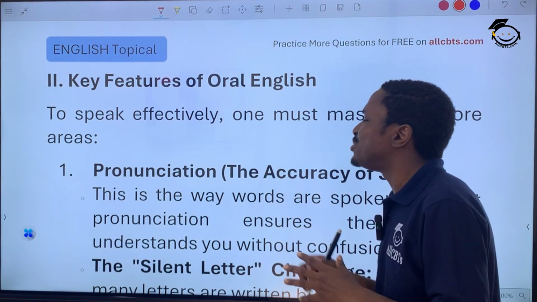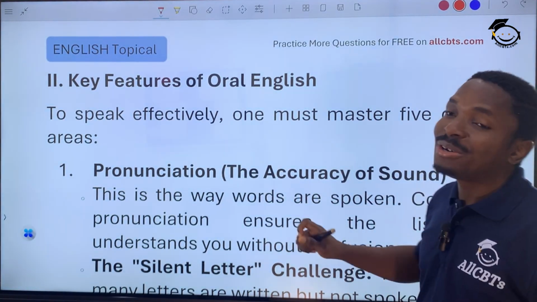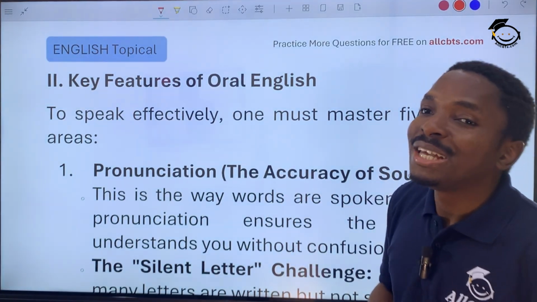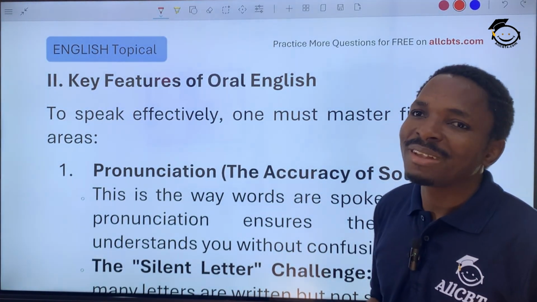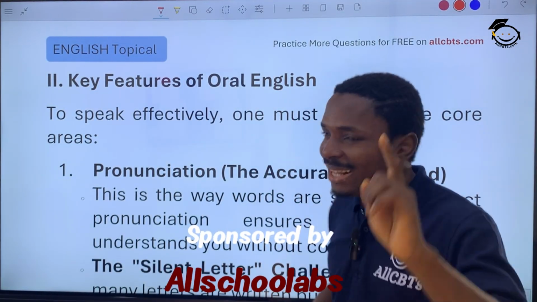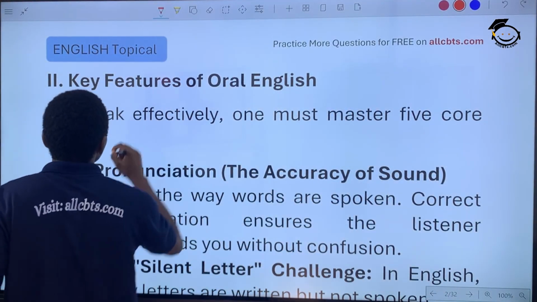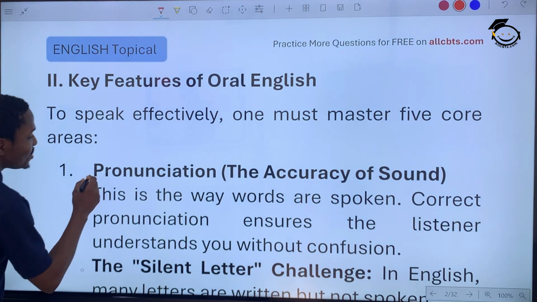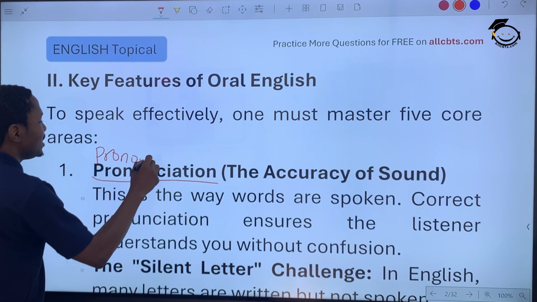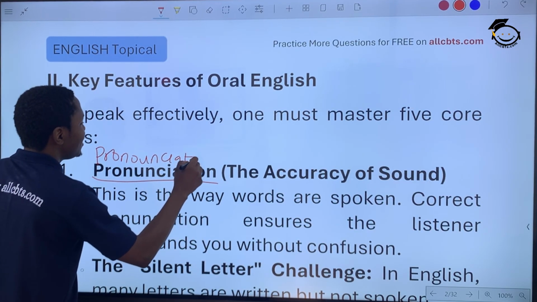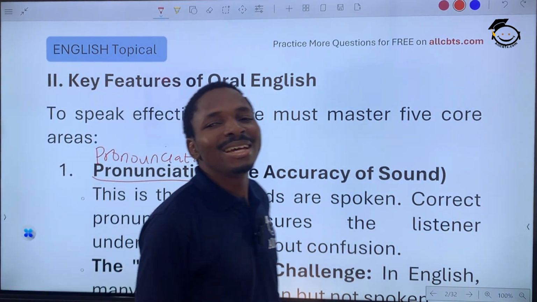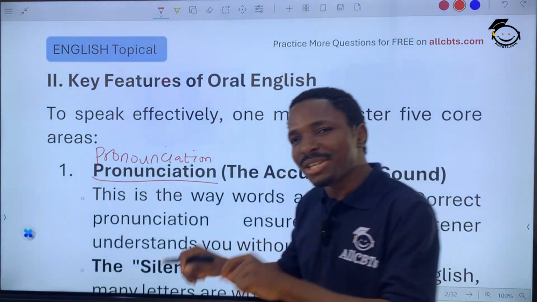Now, what are the key features of oral English? The first and most important feature is pronunciation. Notice I didn't say it the way you usually do. When you want to call this word, I'm sure you will say it one way, but it's actually pronounced another way.